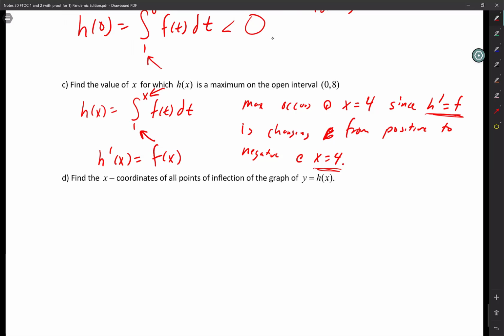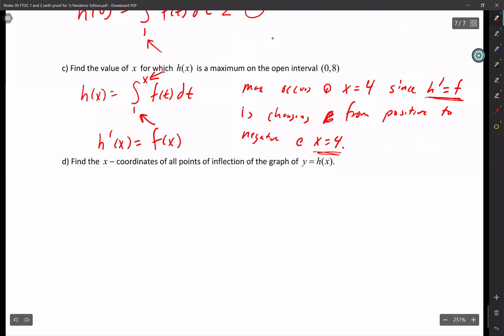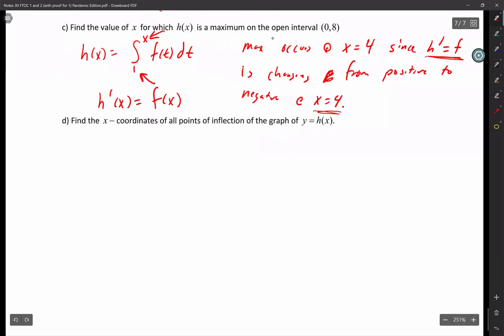There's two ways. You guys know this, guys. When it changes from increasing to decreasing?